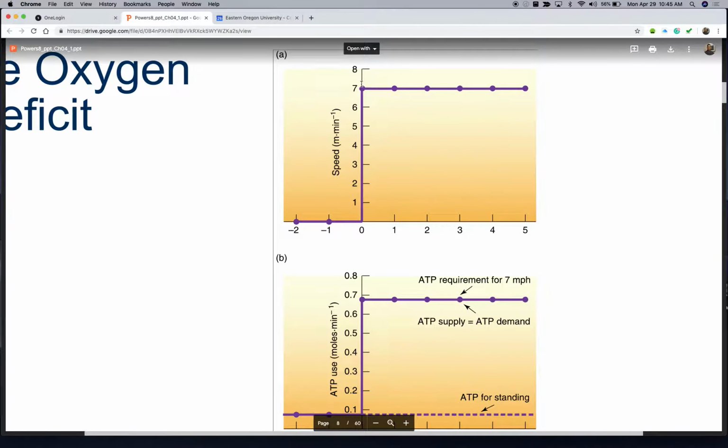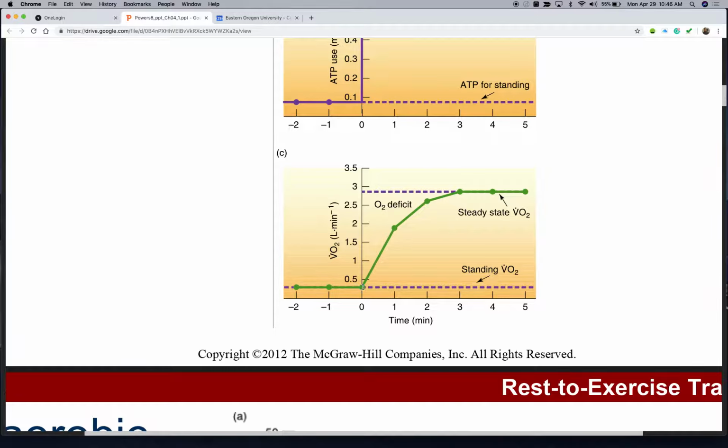Does that make sense? So it takes a little bit of time for my VO2 to go from baseline, which is 0.25 liters per minute, up to 3 liters per minute, which is what I need to meet this ATP demand.